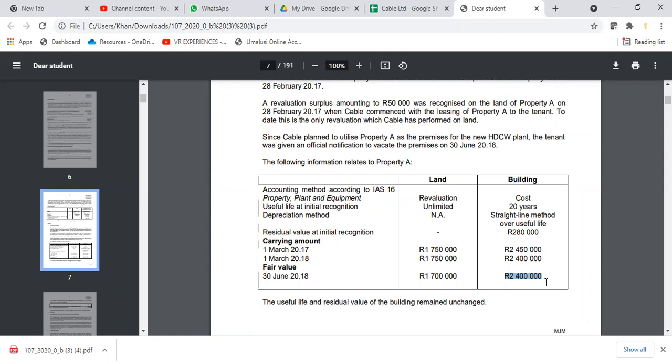So remember, for property A's purposes, it is important to understand what our opening balance is. Remember, we're only getting these assets in the current financial year. So these assets are only becoming PPE in the current financial year. So that is why land and buildings for property A in terms of PPE will be 0.